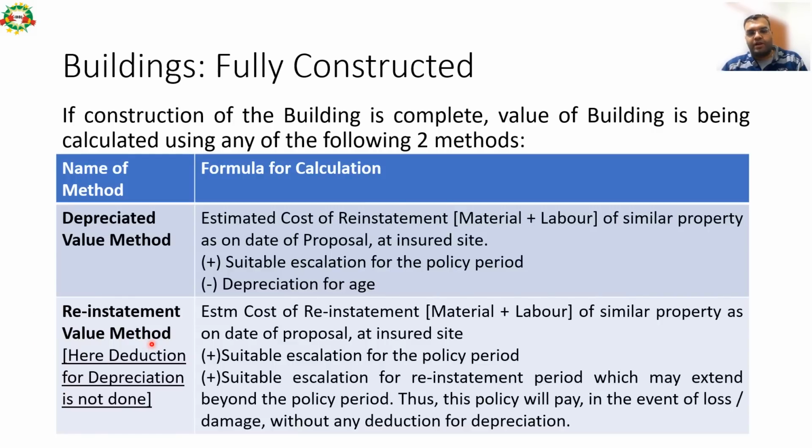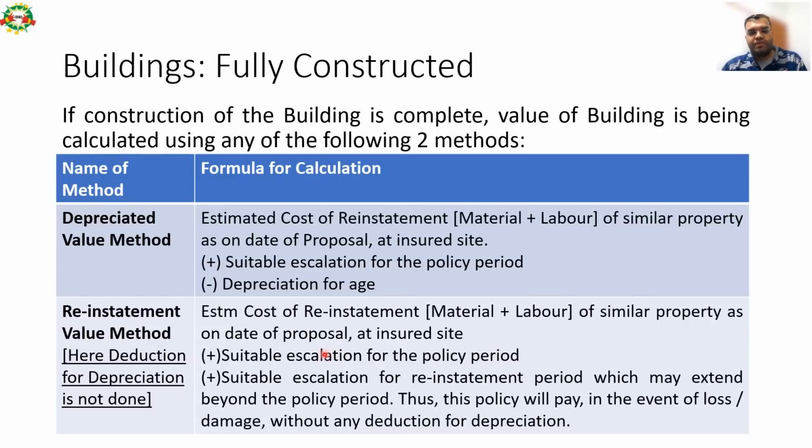So here we will calculate the insurable sum insured for the property as equal to the estimated cost of reinstatement of a similar property as on the date of proposal at the insured site, plus suitable escalation for the policy period, plus suitable escalation for the reinstatement period which may extend beyond the policy period.